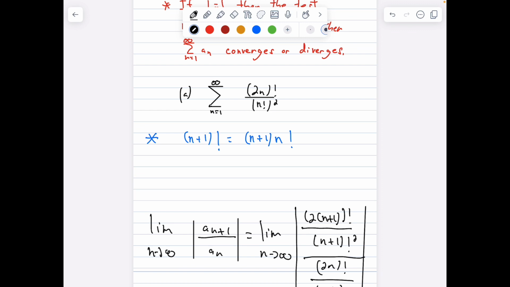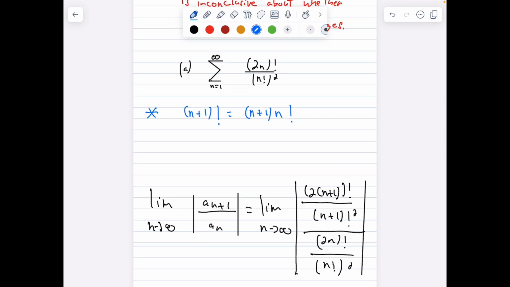And the other thing that I wanted to mention was this note: n plus 1 factorial equals n plus 1 times n factorial. That's a very, very useful rule when you're working with series and the ratio test, because you need to simplify, really.